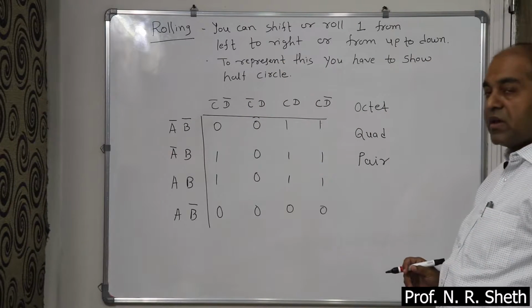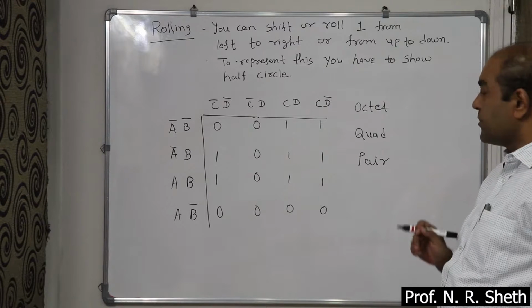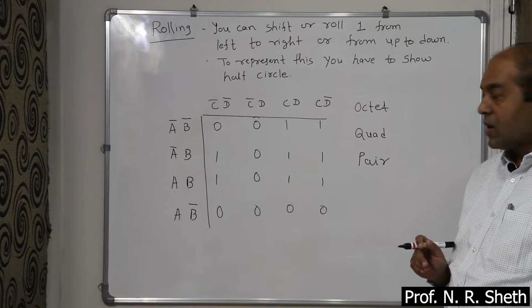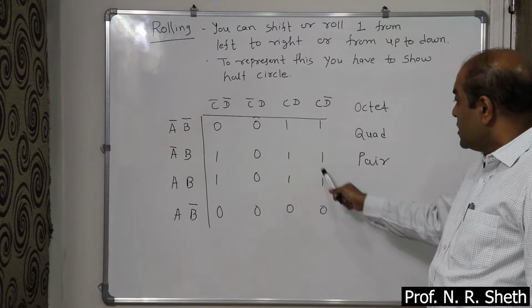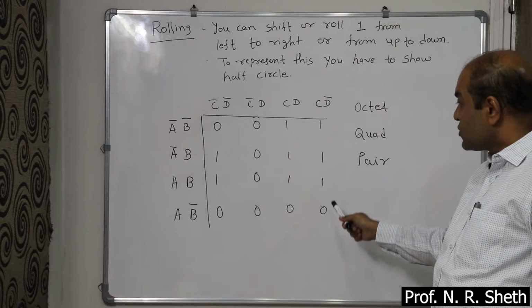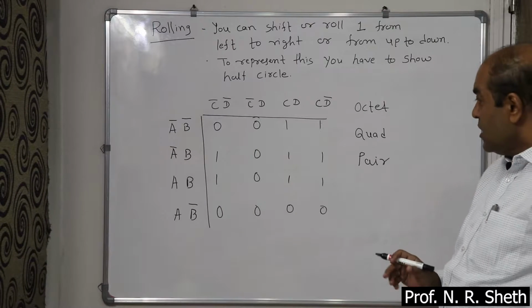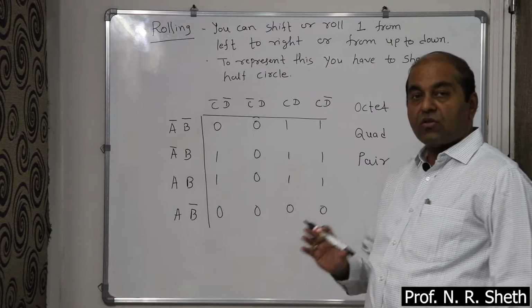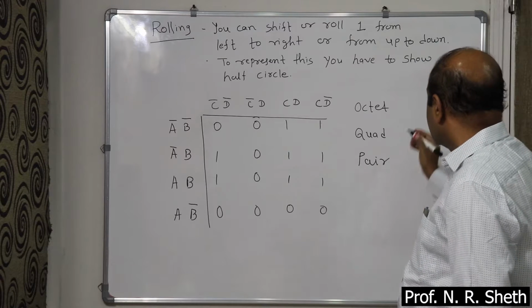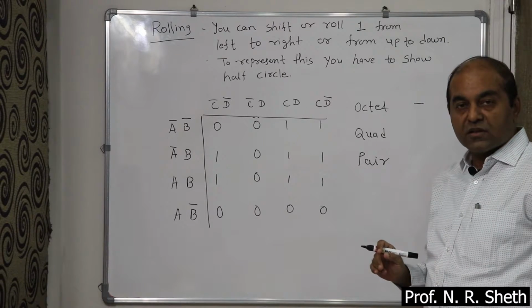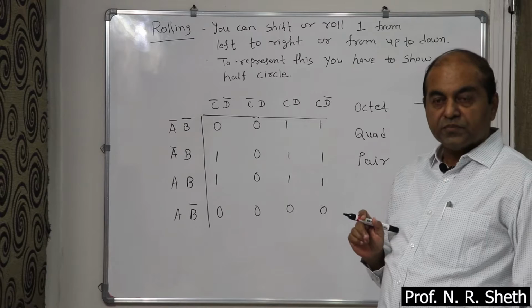Suppose you are given this type of K-map. Total we have 8 ones high, but these 8 ones are not adjacent, so as far as octet is concerned, it is not possible.